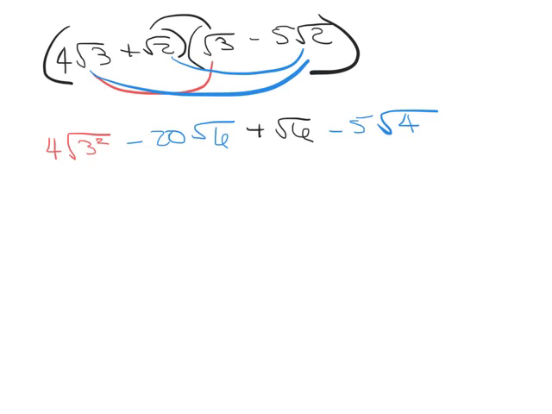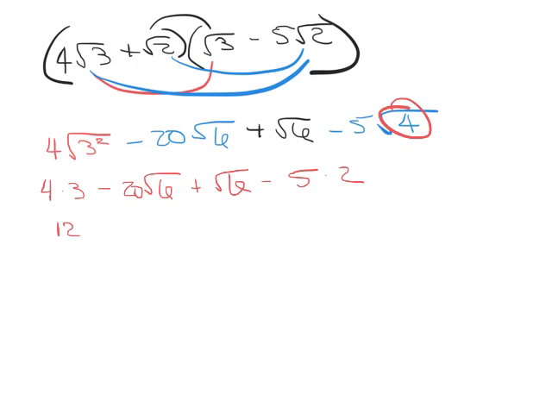Okay, so let's go ahead and simplify. This here, because my index is 2 and this is 2, I can just make that 3. So I've got 4 times 3 minus 20 square root of 6 plus square root of 6 minus 5 square root of 4, which is 2.